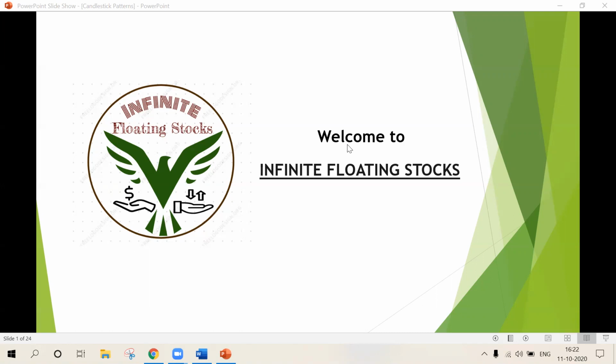Candlestick patterns can also act as confirmations before taking a trade. So it's really important for everyone to know the different types of candlestick patterns that we usually observe in the market. You need to be making and changing your decisions upon looking at the different types of candlestick patterns.